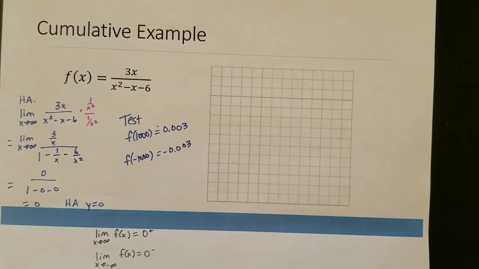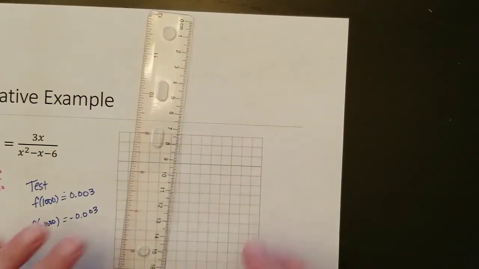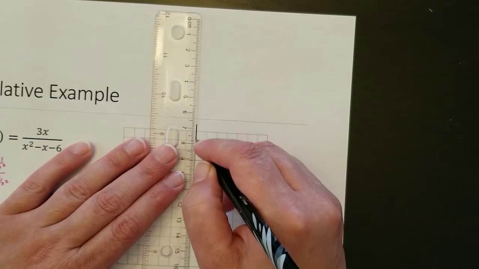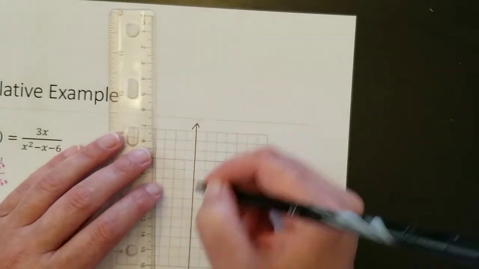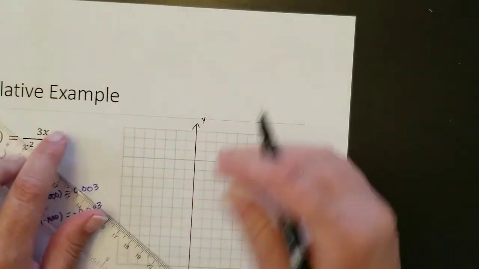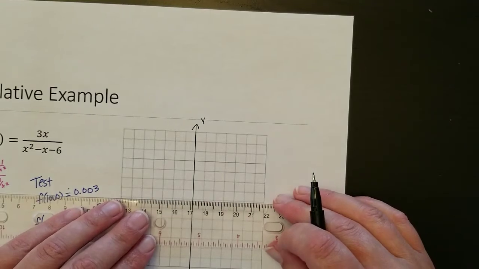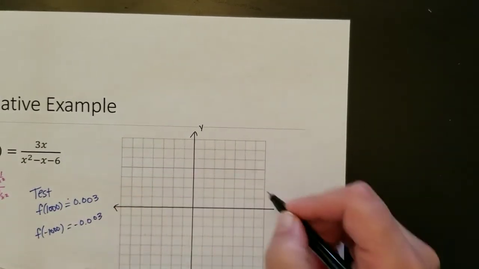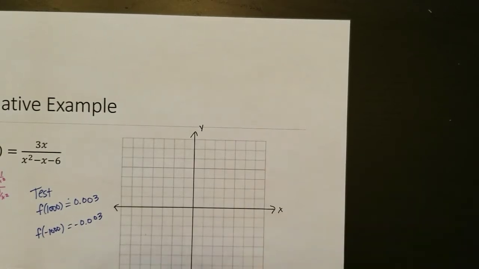So I can put all of this stuff together and get a reasonably good graph of my function here. So I'm going to set up my graph. Remember that you're going to want to do your asymptotes with a dotted line.